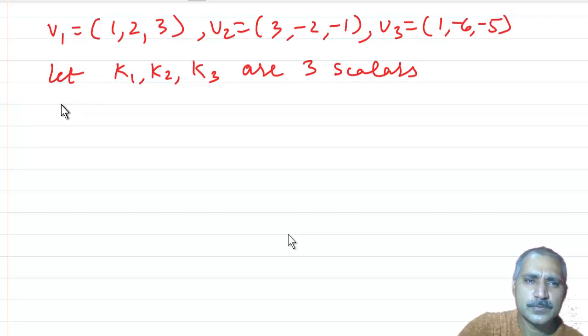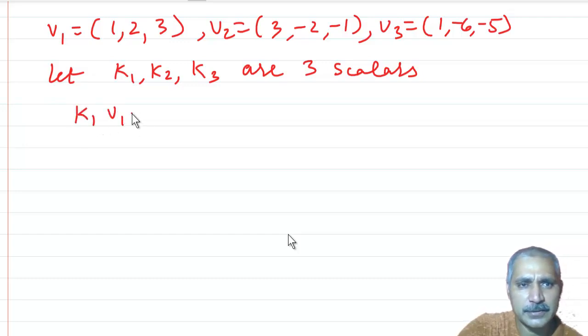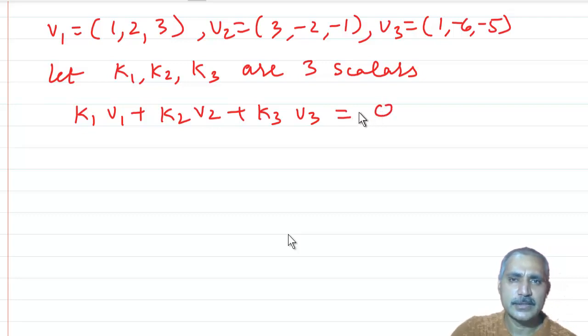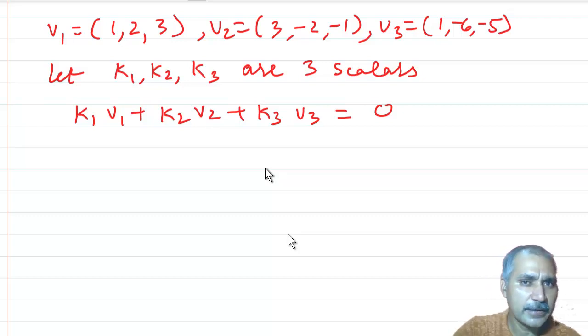Now as we know, the definition of linearly independent says that we have to take the linear combination k1 v1 plus k2 v2 plus k3 v3. If we compare that with the null vector, 0 vector, if all the k1, k2, k3 become 0, that means the given set of vectors are linearly independent.